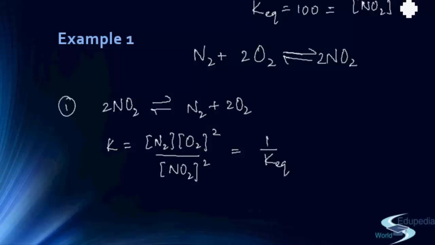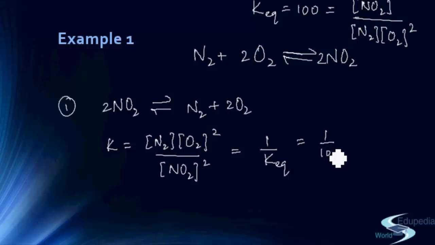This is always true. Whenever a chemical reaction is reversed, its new equilibrium constant is simply the reciprocal of the original equilibrium constant. So in this case your final answer will be 1 by 100 or 10 to the power minus 2. It's as simple as that.